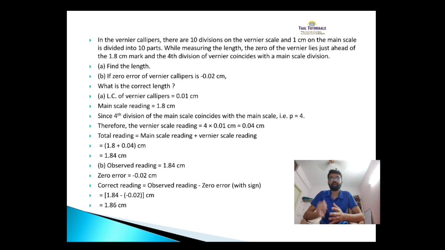The vernier is coinciding with the fourth division, so VSR is 4 into 0.01 centimeter, as I discussed in the formula. That comes to 0.04 centimeter.